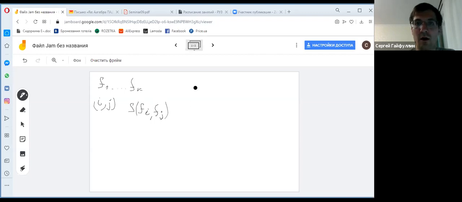First of all, I need to compute the leading term of fi and the leading term of fj. These are monomials. And now I can compute the... I have a little bit of a problem.